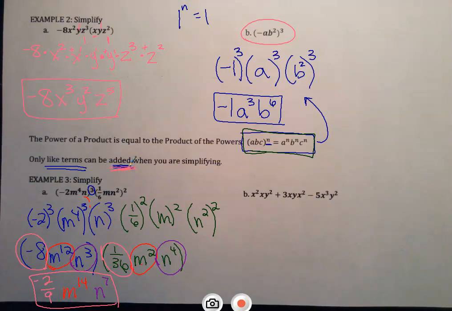Here we were multiplying, so we could put m to the 4th with m, or m to the 12th and m squared. We could combine them because we were multiplying them. When we are adding and subtracting, they have to be identical terms in order for us to add them together. So x squared is not equal to x. Okay, we can't add those together.